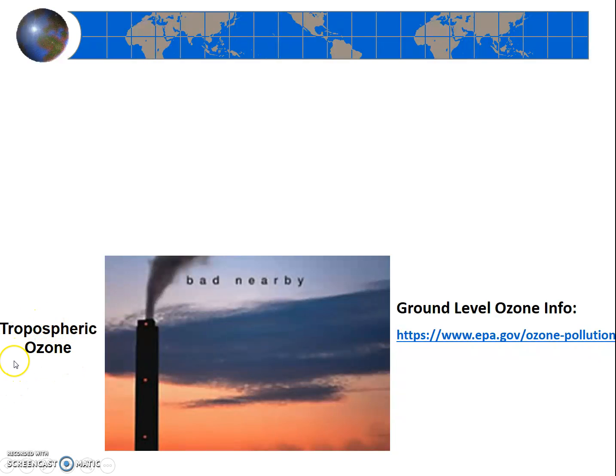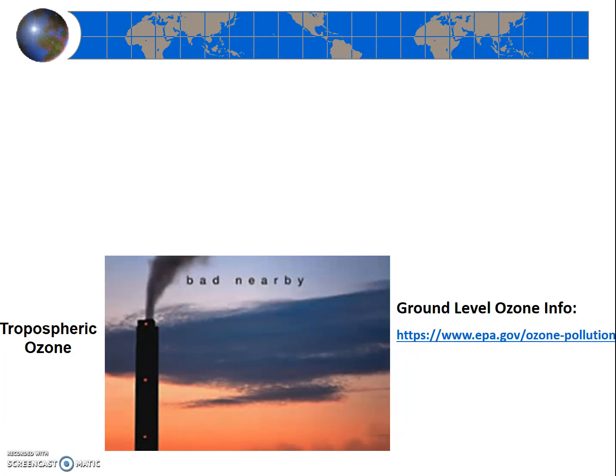In fact, ozone is a very important anthropogenic pollutant in the troposphere. It's created when nitrogen oxides, perhaps from your car, combine with volatile organic compounds in the presence of sunlight. It's a photochemical reaction.